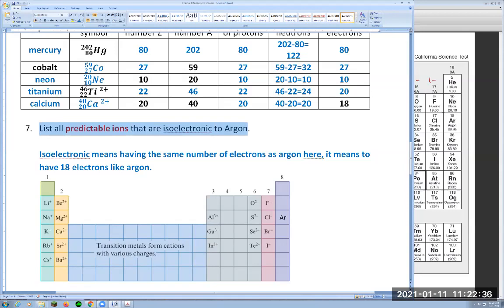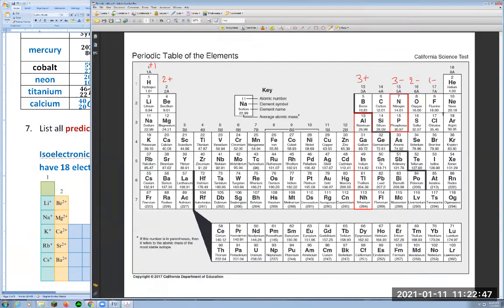So argon has 18 electrons, but chlorine, when it's gaining an electron, so let's look at chlorine here. Chlorine, atomic number 17. It likes to gain 1 electron to be like argon and have 18 electrons. So chlorine is a predictable ion that is isoelectronic to argon.